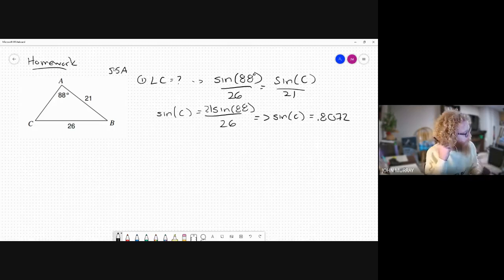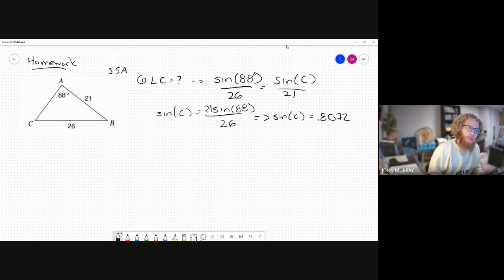So I don't know if I mentioned this yesterday. When we're doing this, again, we want to be as accurate as possible. So although I wrote down 0.8072, that's not an estimate, but that's a rounded number, right? The real decimal is 0.8072000283, and then obviously it keeps going on forever.